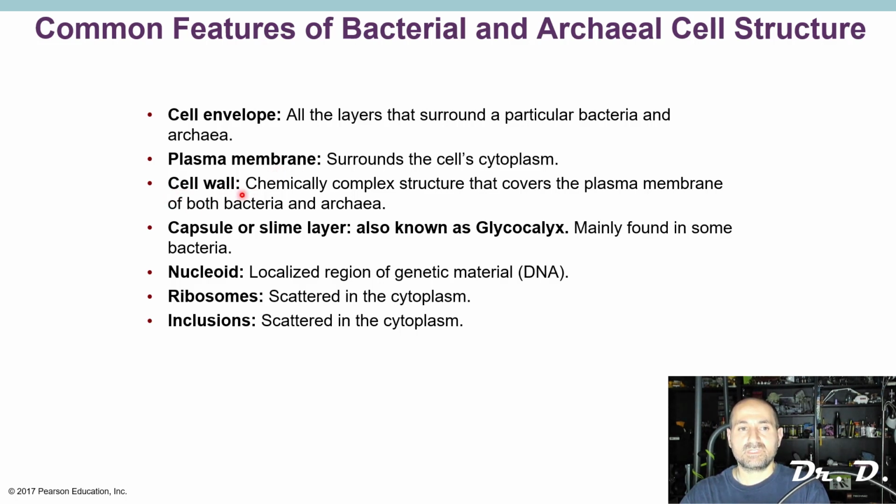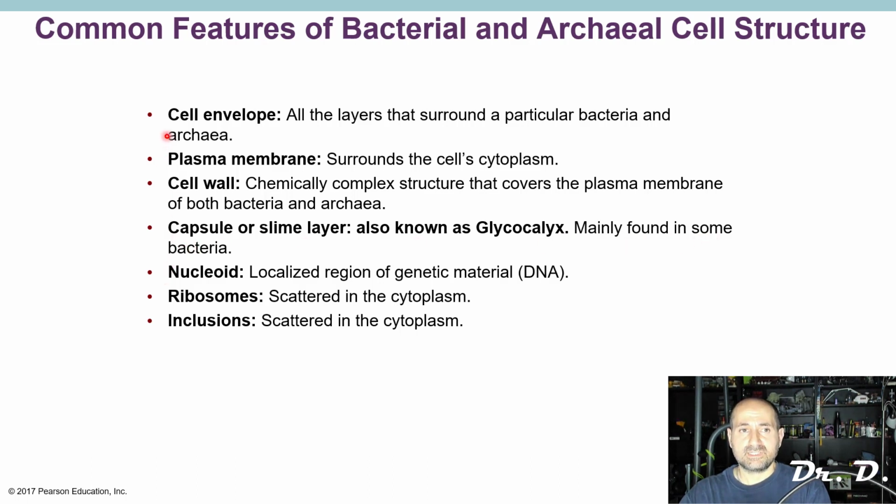The cell envelope can include a cell wall. Remember, if we're talking about bacteria, that cell wall is comprised of peptidoglycan, whereas if you're talking about an archaea, there are different structures to the cell wall there. The cell envelope can include a capsule or slime layer, also known as the glycocalyx. This is a gooey structure made of sugars and proteins outside of the cell wall of some bacteria.